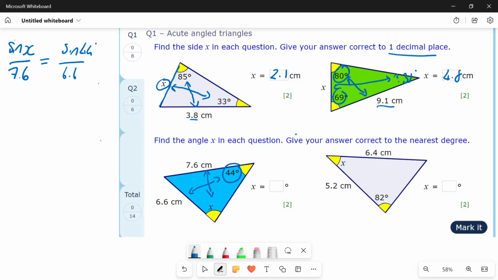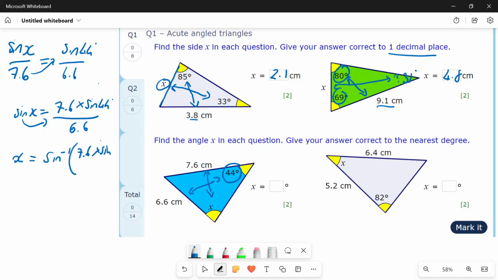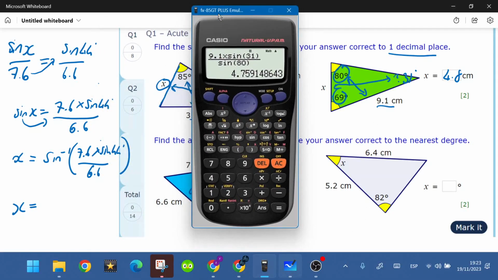Now when we rearrange this, there's a little bit more legwork to do. First we're going to multiply the 7.6 on the other side. And then we need to move the sin. Okay, x stays behind. So when we move the sin, we need to do the inverse of sin. And that will give us the answer. So here we go.